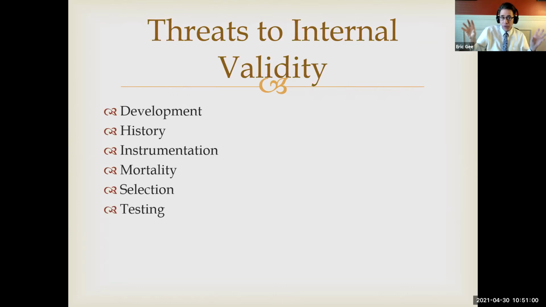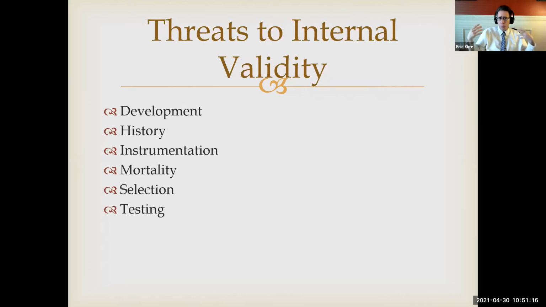If I get differences between those groups during the course of my study, it may have nothing to do with my variable of interest, but simply the inherent differences in those groups. That's why you do random assignment. You do random assignment to get rid of selection bias.